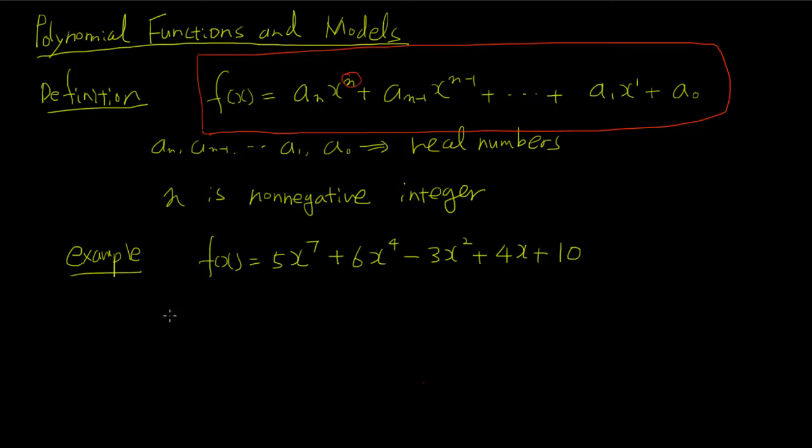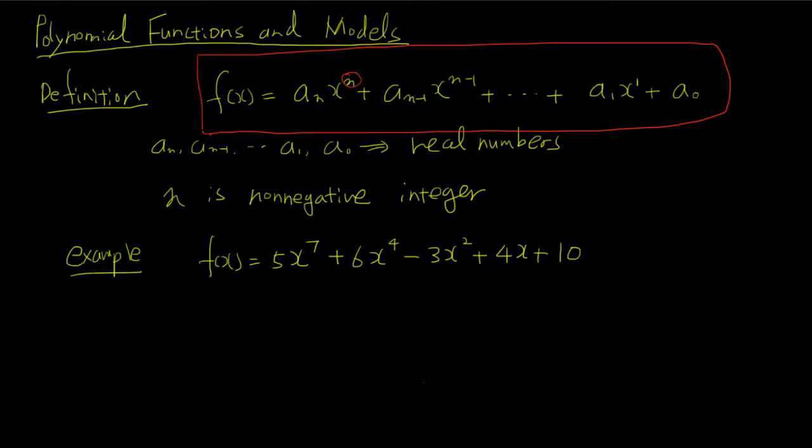Now you notice that we don't have every single x term, right? We don't have x to the 6 or 5. We don't have x to the third. That's okay, you don't have to have all the terms. Meaning, for that particular term, the a is going to be 0.